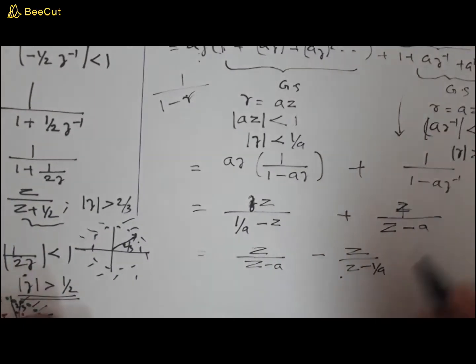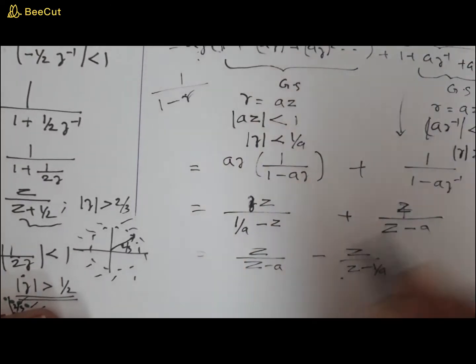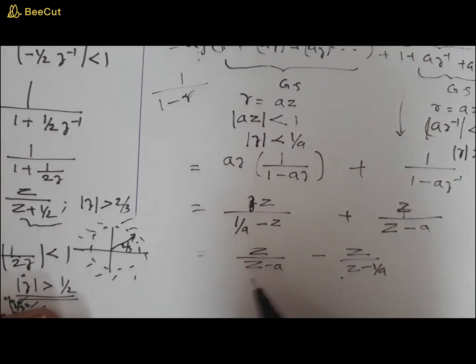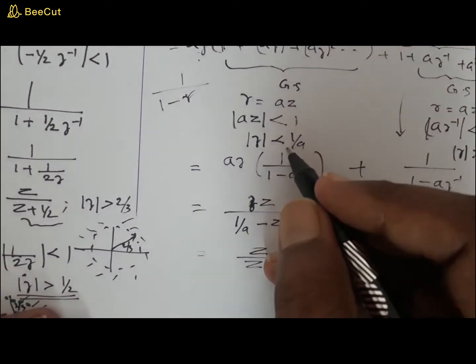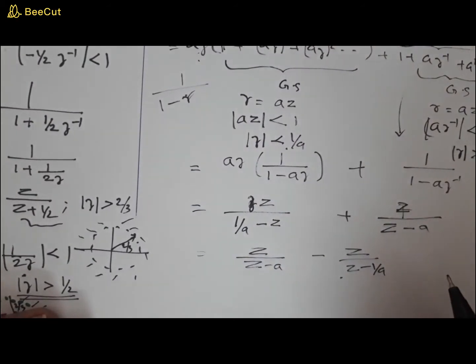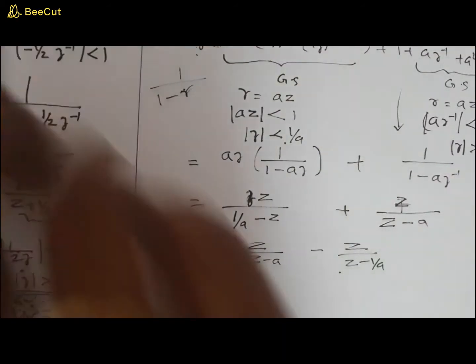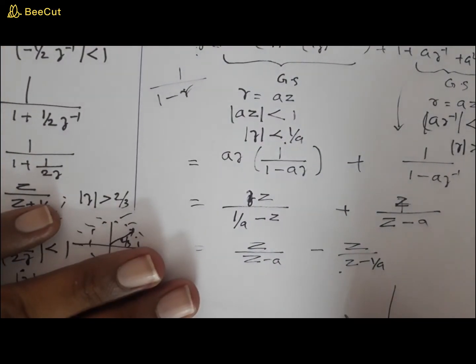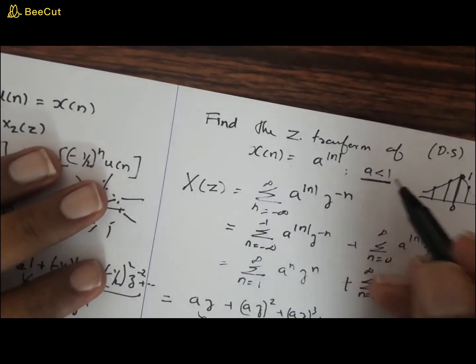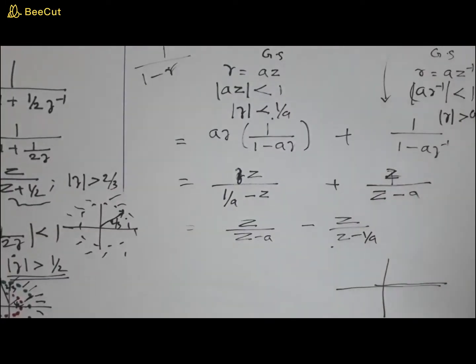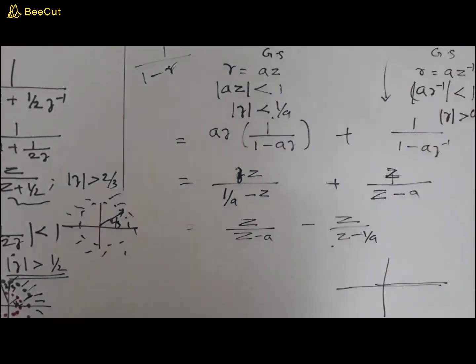So we have found out that for this case, mod Z is greater than A and mod Z is less than 1 by A. So again we are going to draw a circle. We know that A is less than 1, a condition is imposed. So which is greater, 1 by A or A? Obviously 1 by A has to be greater.